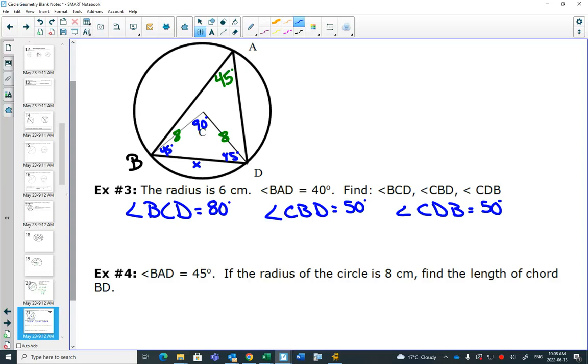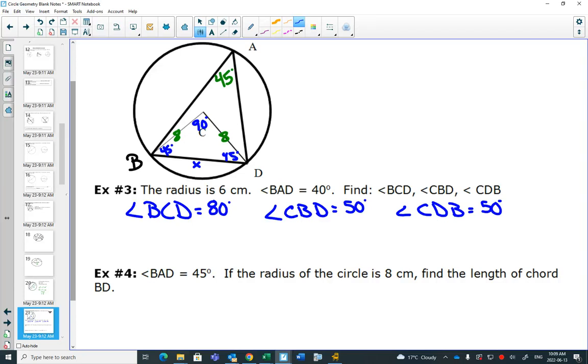You can only use that when it's a right angle triangle. A lot of students try to use it all the time because when you practice it, your teacher always gives you right angle triangles. So it gives you the idea that this always works, but it does not always work. It only works with a 90-degree angle. But since this is a 90-degree angle, we can do it.